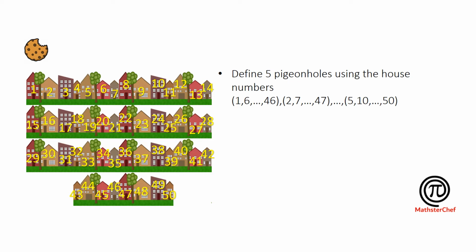For example, the first pigeonhole would contain houses 1, 6, 11, all the way up to house number 46, as we are basically choosing every fifth house. Similarly, the second pigeonhole would contain houses 2, 7, 12, all the way up to 47. We continue in this fashion until each house has been assigned to a pigeonhole. It's important to notice that there are exactly 10 houses in each pigeonhole.